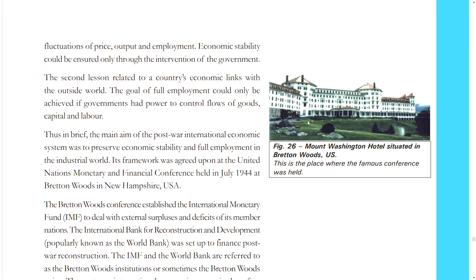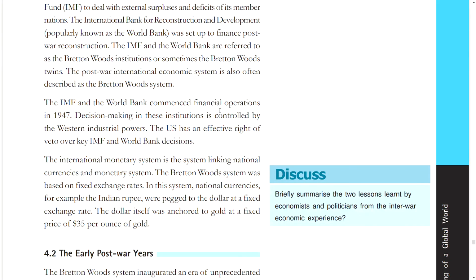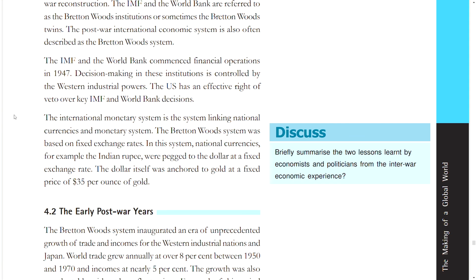Figure: Mount Washington Hotel situated in Bretton Woods, US. This is the place where the famous conference was held. The IMF and the World Bank commenced financial operations in 1947. Decision making in these institutions is controlled by the Western industrial powers.